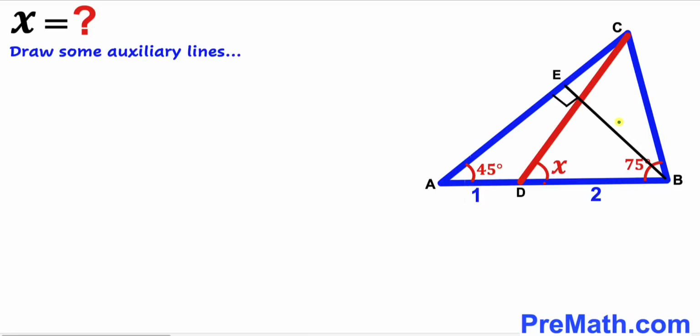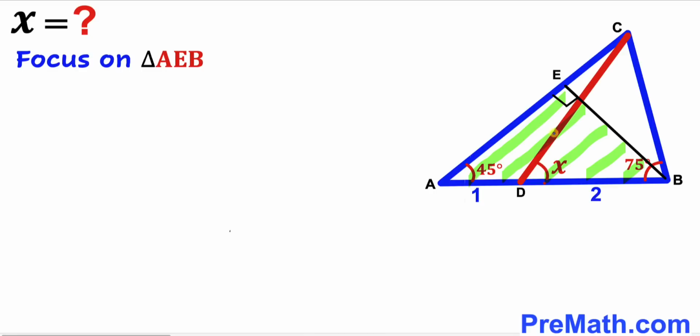As you can see in this next step, I have dropped this perpendicular BE on this side AC. Now let's focus on this right triangle AEB. We know this is our 45 degree angle, this is our 90 degree angle, and we know the sum of interior angles in a triangle is 180 degrees.